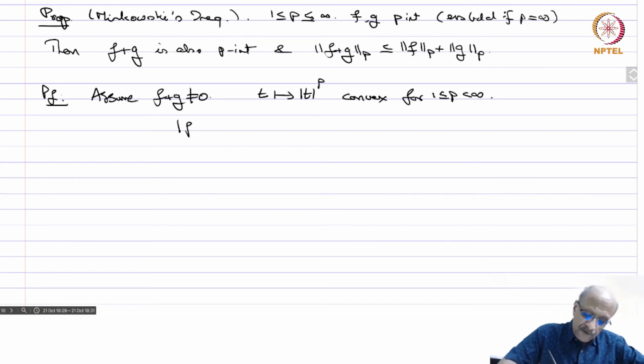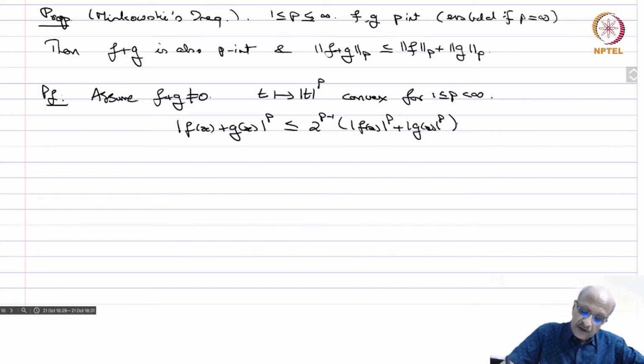So mod fx plus gx power p is less than or equal to 2 to the power of p minus 1 of mod fx power p plus mod gx power p. So this just comes from the convexity, the midpoint. So this is just the definition of convexity of this function and you will get this.